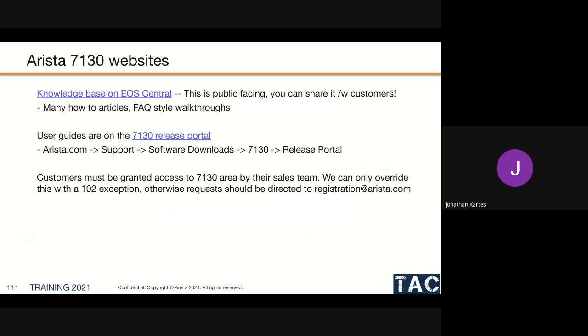The release notes are also super helpful, but the user guides give you a step-by-step of all the different things you can do. In order for customers to see this stuff, they do need to be granted access by their sales team. We can override it with an exception, but we shouldn't. They should have the proper things provided to them based off of what their sales account says they should have. So direct them to registration at arista.com unless it is super urgent.